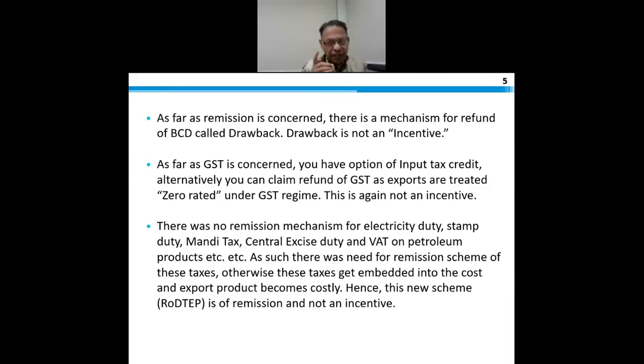Reciprocal duty is a subject matter of the Supreme Court of America. If the Supreme Court tomorrow decides that the law under which reciprocal duties have been imposed and the executive order passed by Mr. Trump is not legally valid, and Mr. Trump has no right to impose this, calling it a national emergency, then it's a different story.